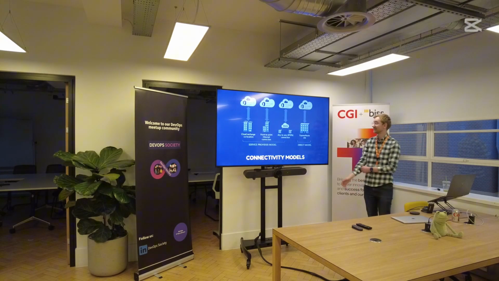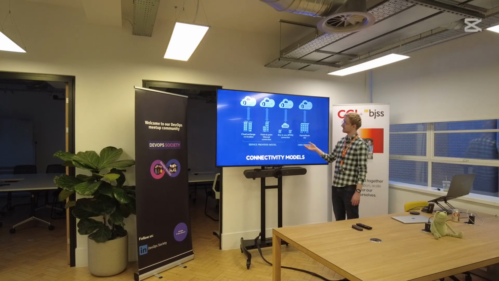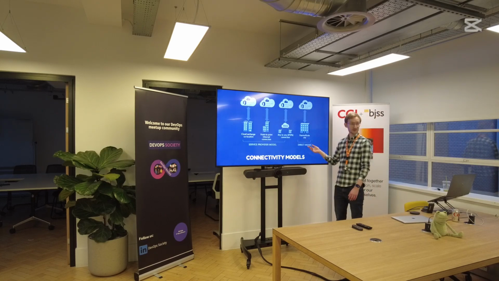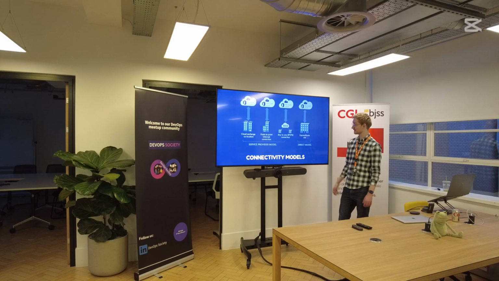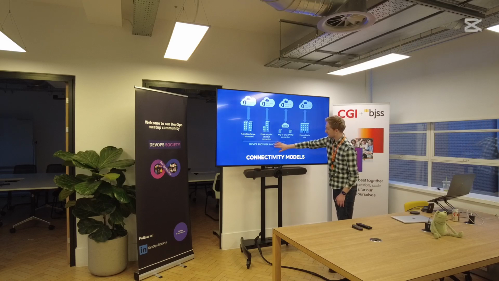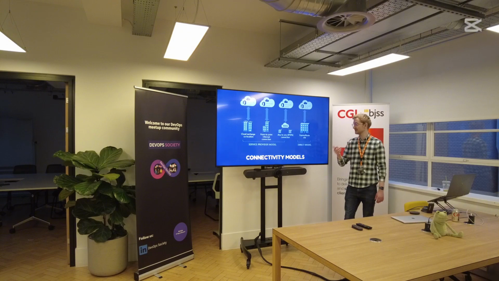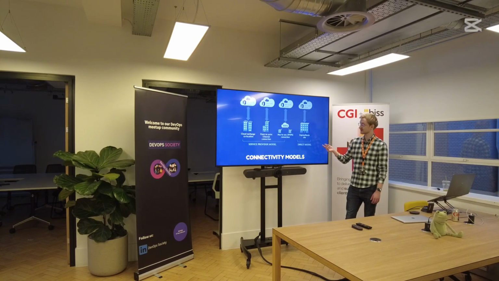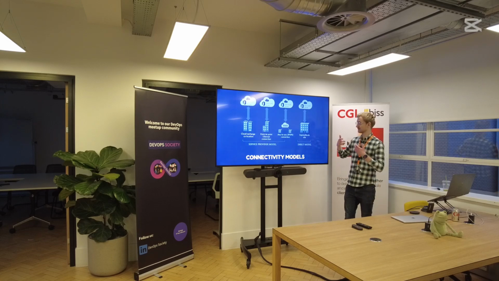These are the models that Microsoft supports for setting up ExpressRoute. You can see there's more on this side than there is on this side. The service provider model is where we use the services of providers like Equinix to help us establish connectivity to Azure.